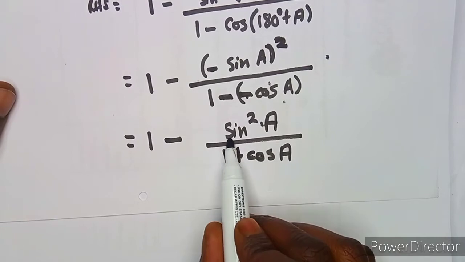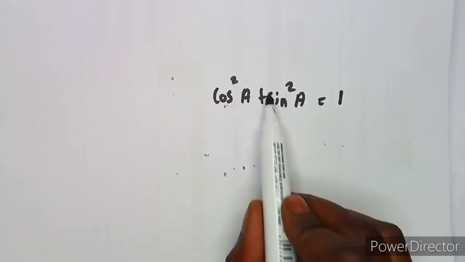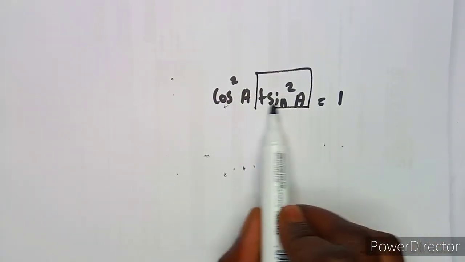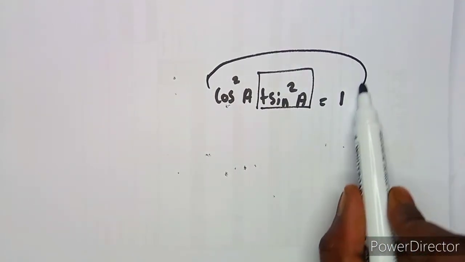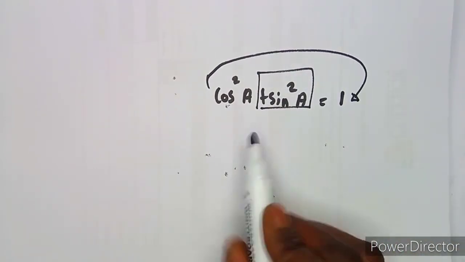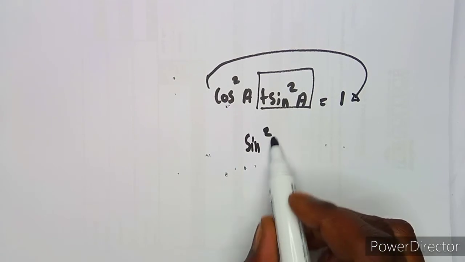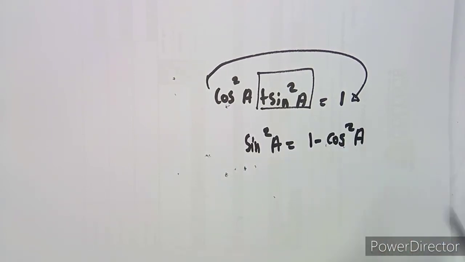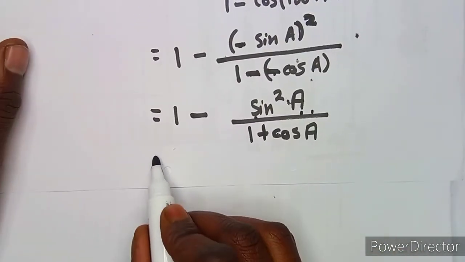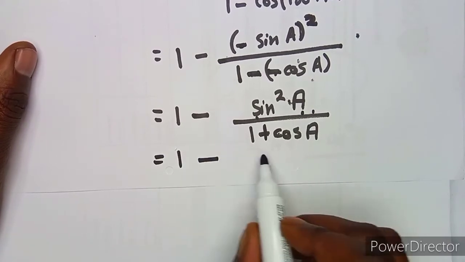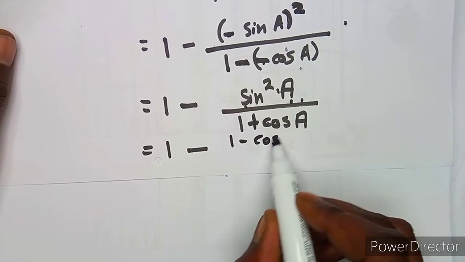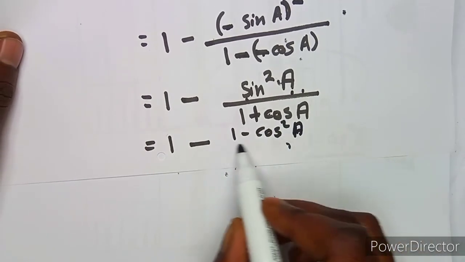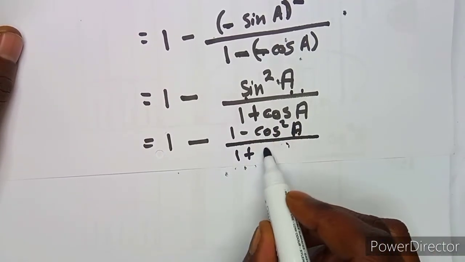And here we've got sine squared a, so we can at least make this the subject, which means we can transpose this to the other side of the equation, so sine squared a is going to be 1 minus cos squared a. So that is what we have in place of sine squared. So this can be written as 1 minus cos squared a over 1 plus cos a.